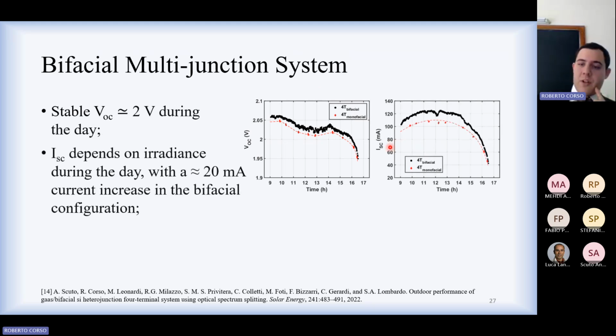We also measured the short circuit current, or rather we calculated it from the IV characteristic. And we can see a 20 milliamps current increase in the bifacial configuration. Of course, here the current trend is more pronounced with a variation of about 80 milliamps because this is dependent on the impinging irradiance on the system.